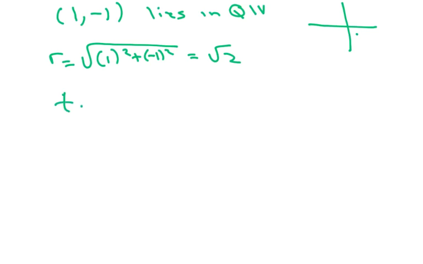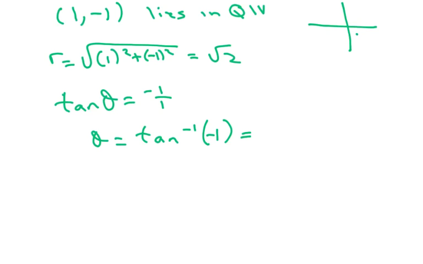Now when you take tan, we're going to get tan of theta equals negative 1 over 1. And inverse tan would be tan inverse of negative 1, and that equals negative pi over 4.